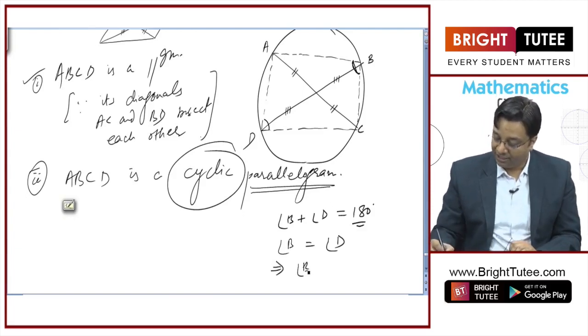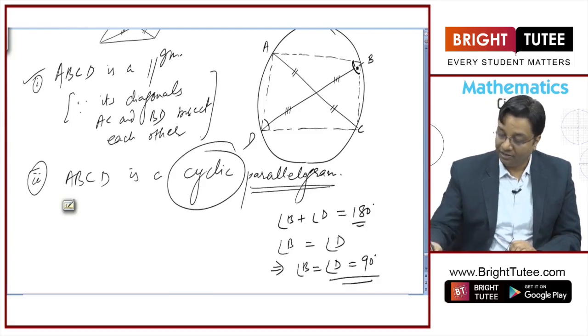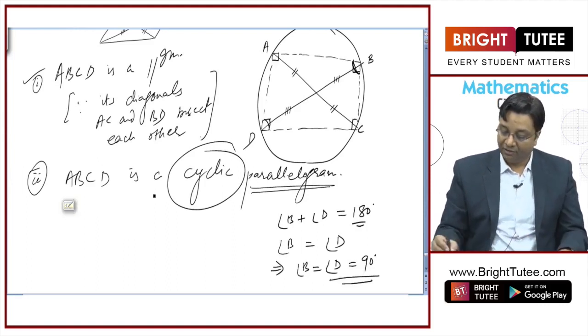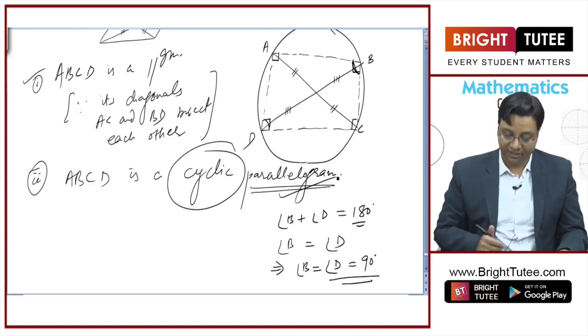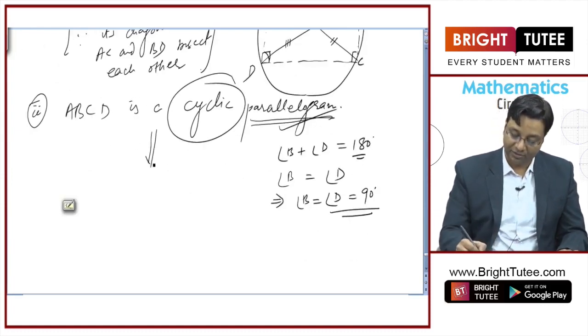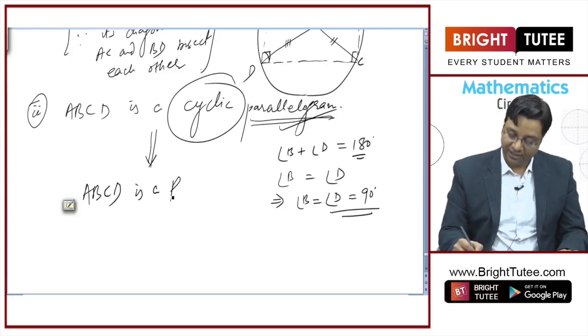So from here you can say angle B equals angle D equals 90 degrees. So both of these angles are 90 degrees each. Similarly, these angles are also 90 degrees. Now in a parallelogram, if only one of the angles is proved to be 90 degrees, it becomes a rectangle. So from here I can say ABCD is a rectangle.